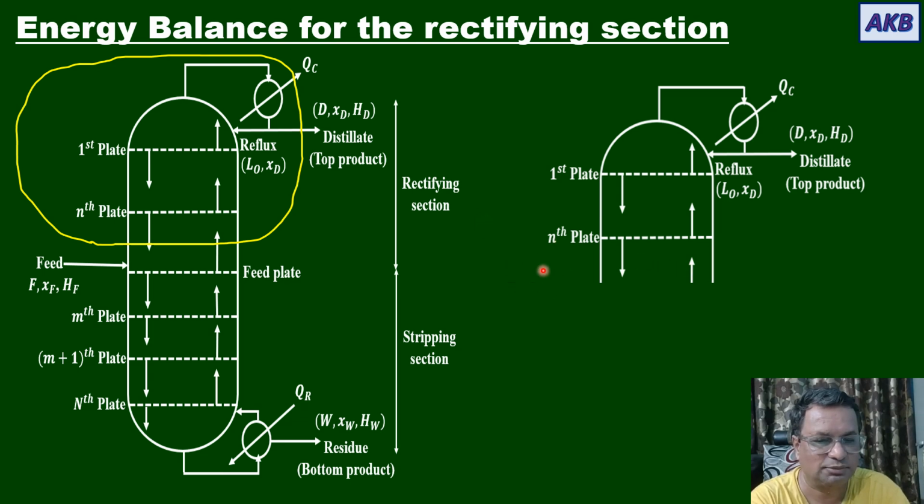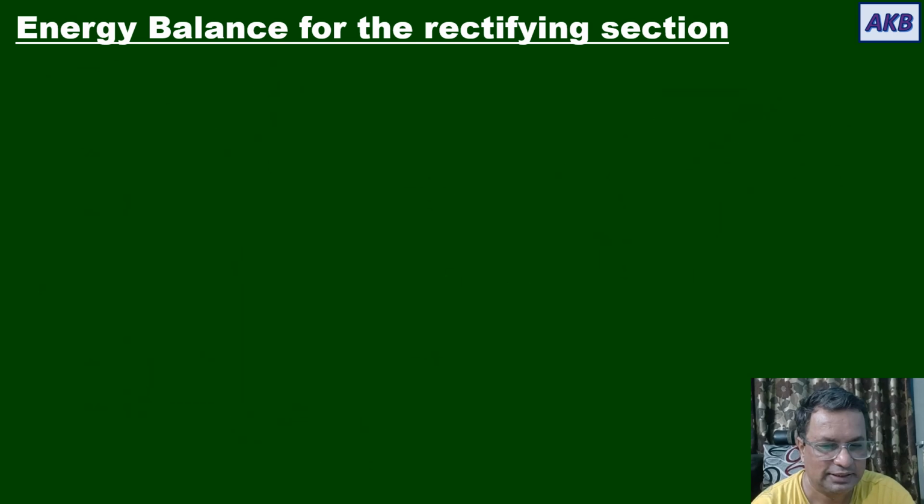I have discussed it. So this is the nth plate and this is the first plate. There will be some more plates between the first and nth plate. The point to note is this stream enters the rectifying section, this stream comes out of the rectifying section, this stream comes out of the envelope that we have drawn, and as heat is coming, it is taken out of the envelope.